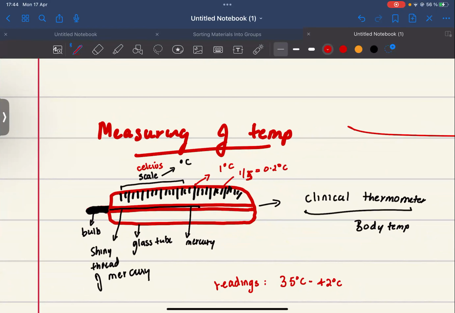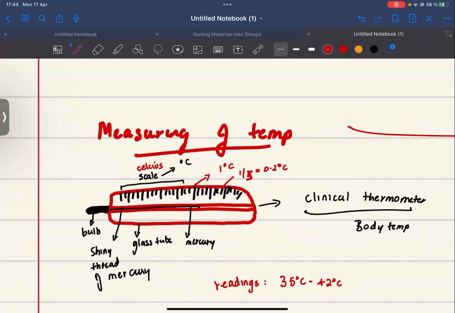Kritik, almost. Tell me when you're done. Ma'am, done. Okay, fine. So this is how the temperature is looking like.